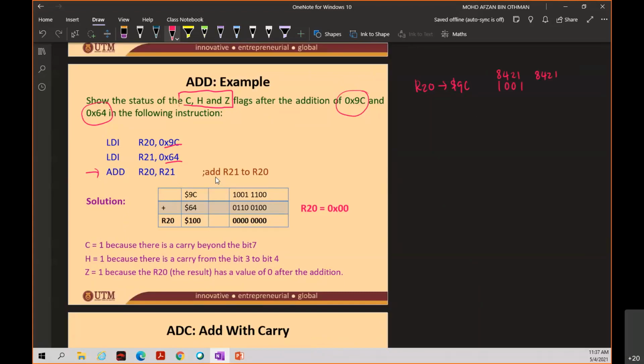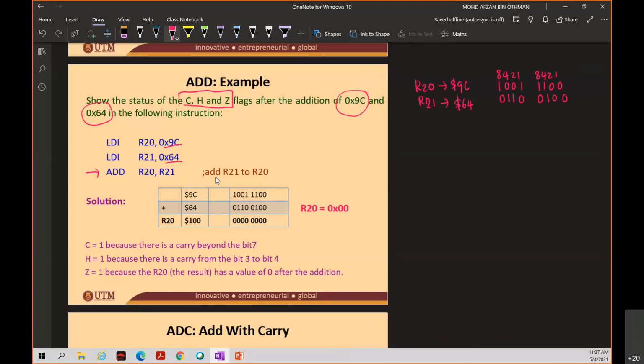C is 12, so 1100. This is for 9C. Then we have R21. What is the value that you load to R21? 64. So 64 is actually 0110 and then 4 is 0100.